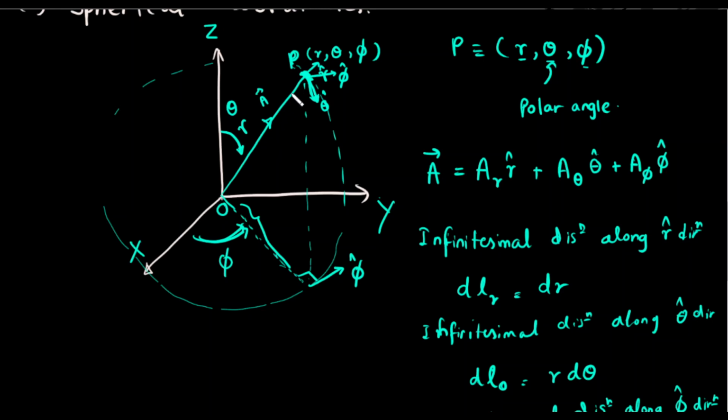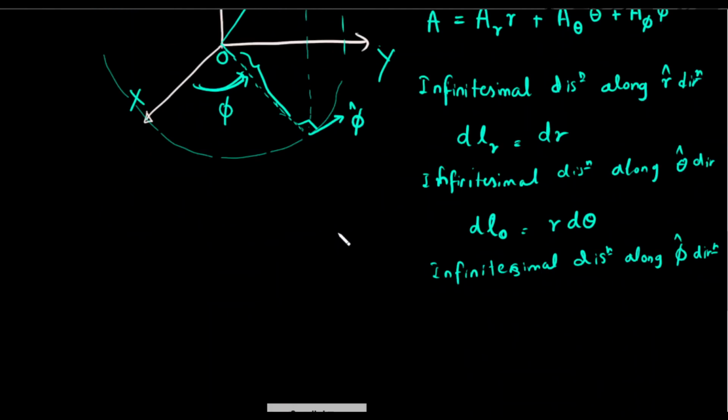This is just like a horizontal component of this vector. So now we have r sine theta d psi. So these are my infinitesimal displacements along the r hat, theta hat and psi hat directions.